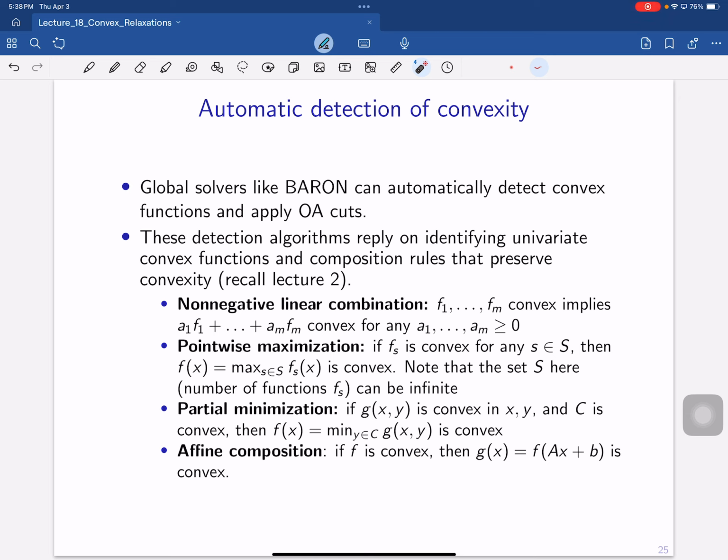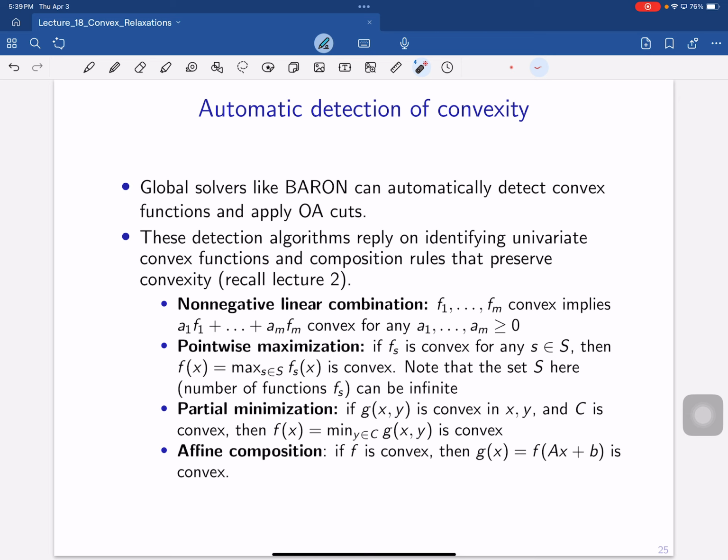There are some basic functions that are convex, but then there are also some operations that will preserve convexity. This is a slide I copied from the second lecture. For example, if F1 all the way to Fm are convex, that implies their weighted sum with positive weights is also convex. There are other rules like affine combination or pointwise maximization that preserve convexity.